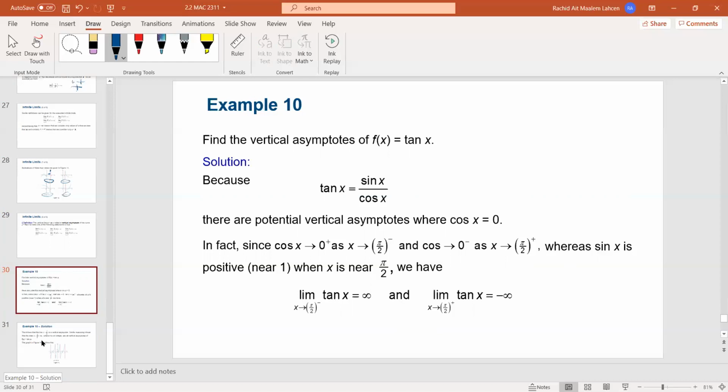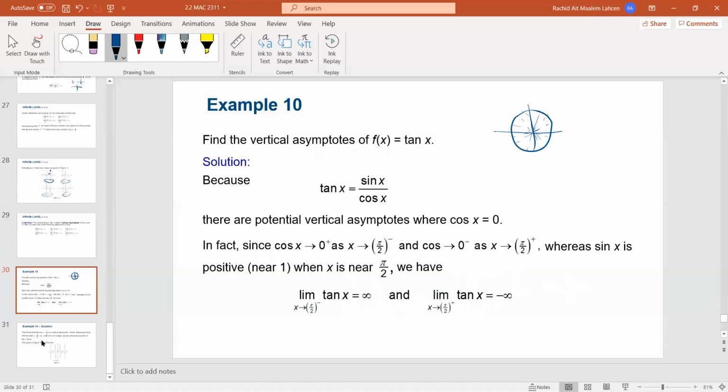And you need to know the unit circle, right? So you know your trig functions. There are some videos online to refresh, how to build this in a short time. So find the vertical asymptote for tangent.